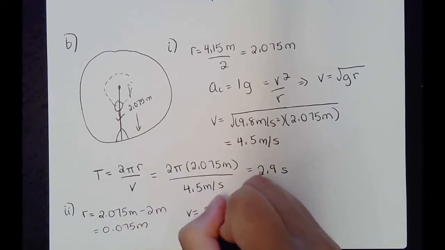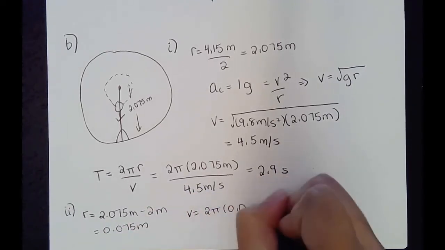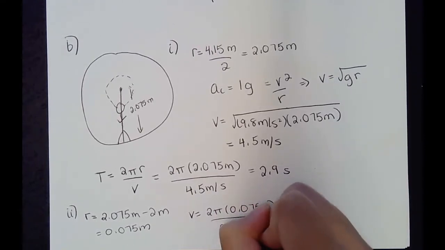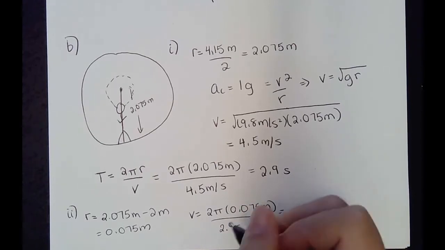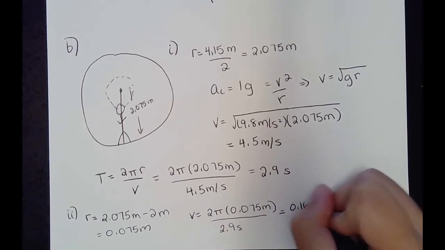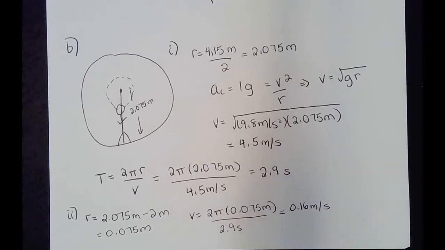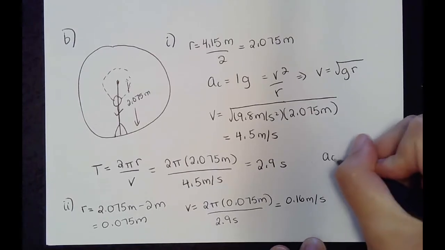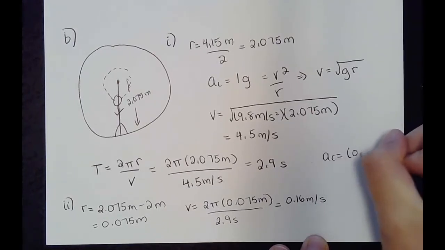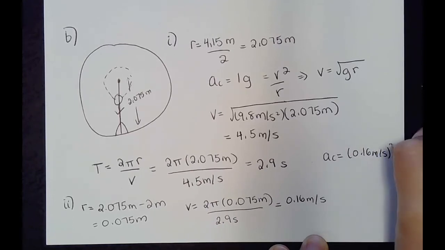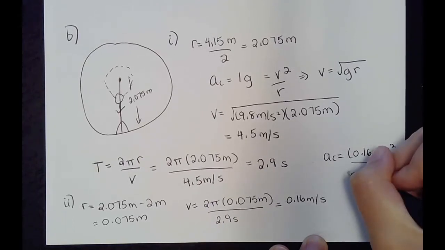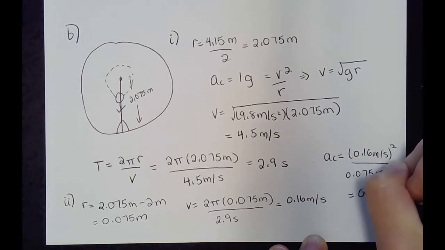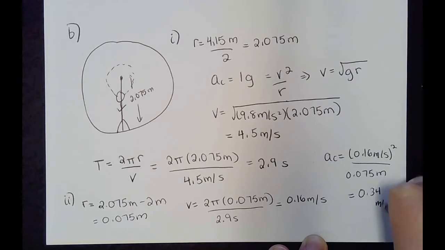This gives a speed of 2 pi times 0.075 meters over the period, 2.9 seconds, which is 0.16 meters per second. And then the centripetal acceleration, v squared over r, is (0.16 meters per second) squared over 0.075 meters, which is 0.34 meters per second squared.